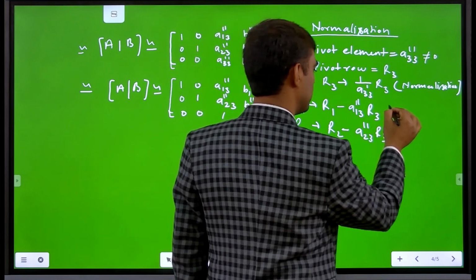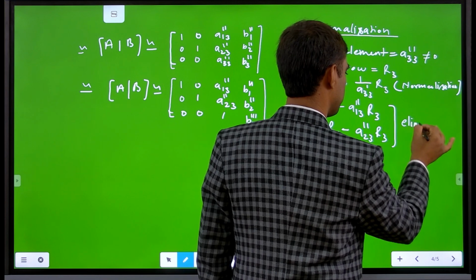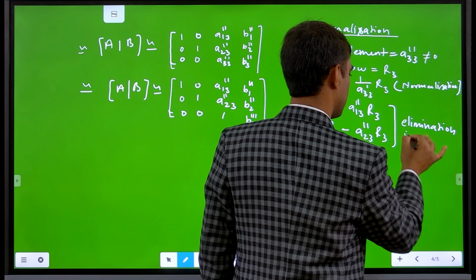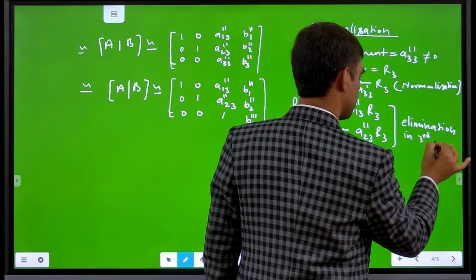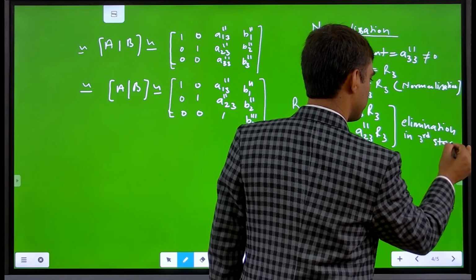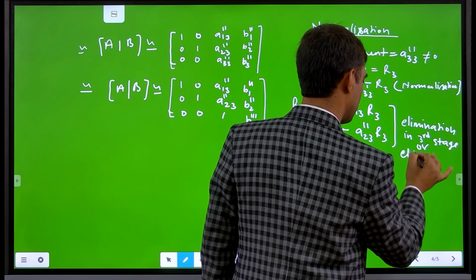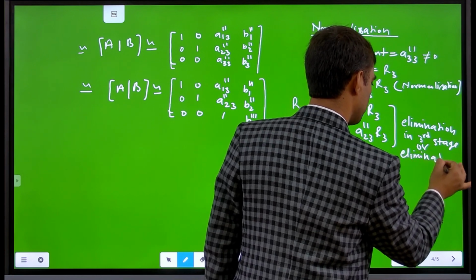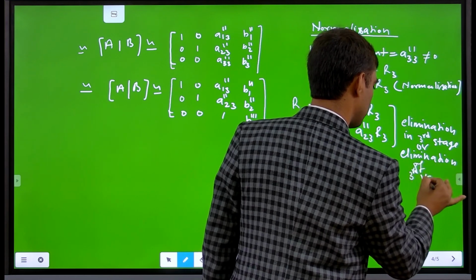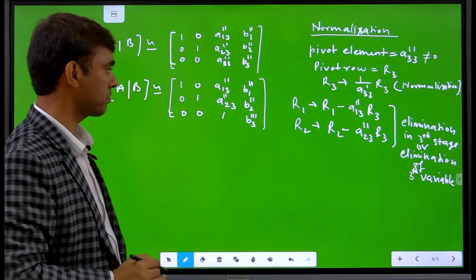This is the elimination in the third stage, or you may say elimination of the third variable.